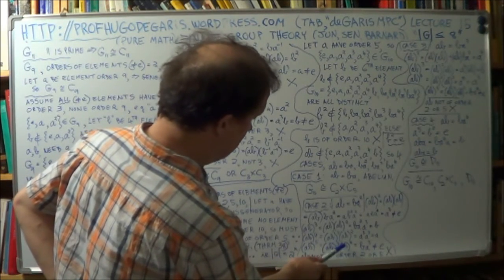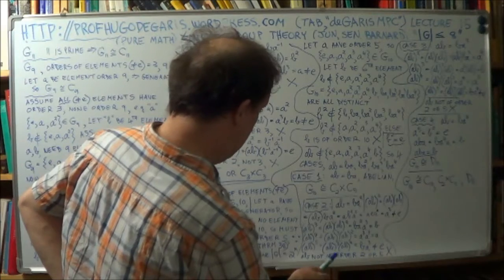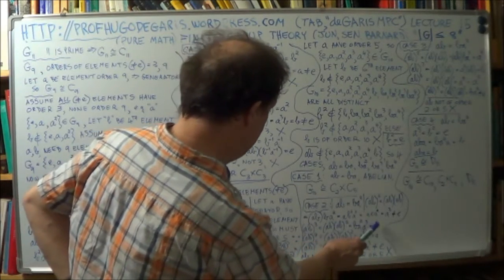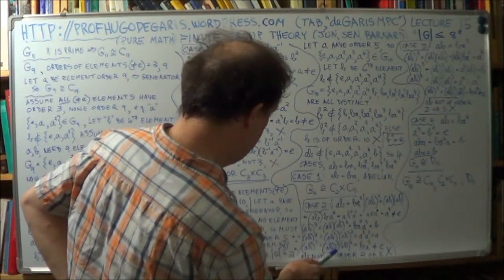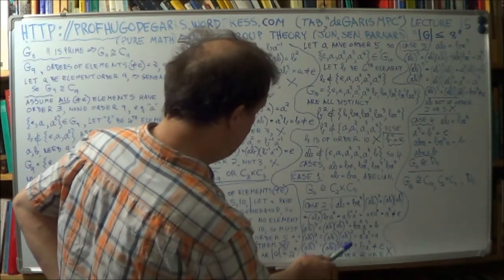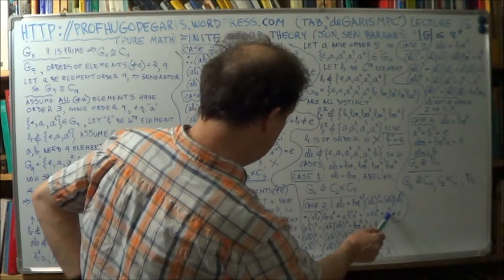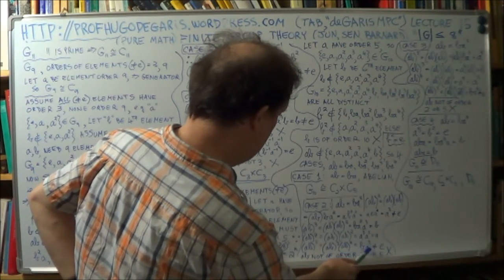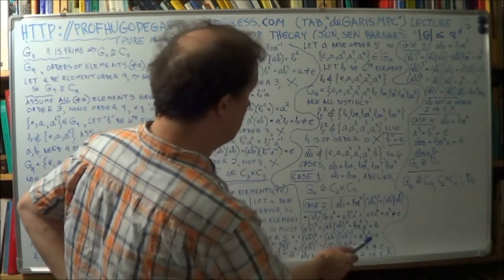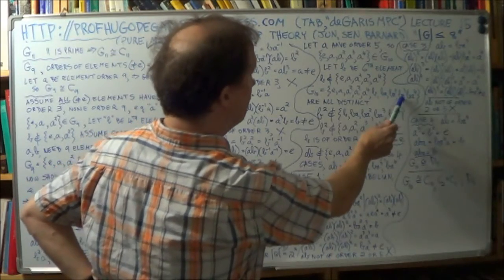Well, that's AB cubed times AB squared. AB cubed is B. So just put B. And AB squared is A cubed. Okay, so BA cubed. Now BA cubed is here.